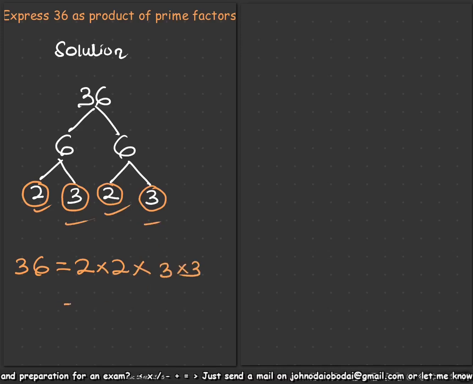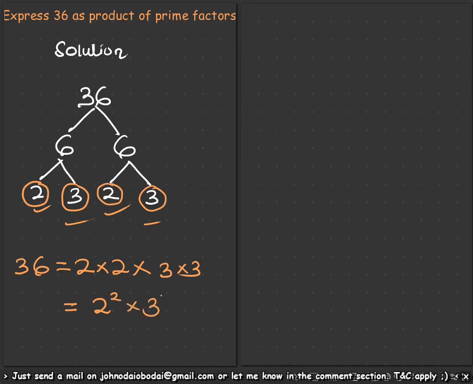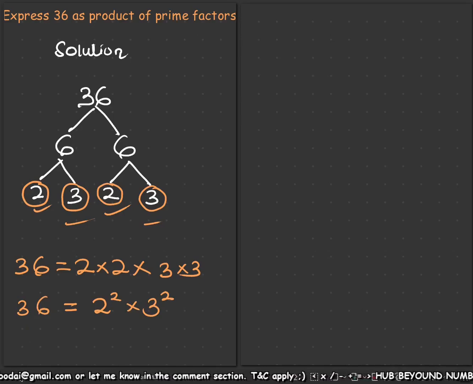You see, and writing them with index notations, we have 2 to the power 2 times 3 to the power 2. That is 36 being expressed as product of prime factors is going to be 2 squared times 3 squared.